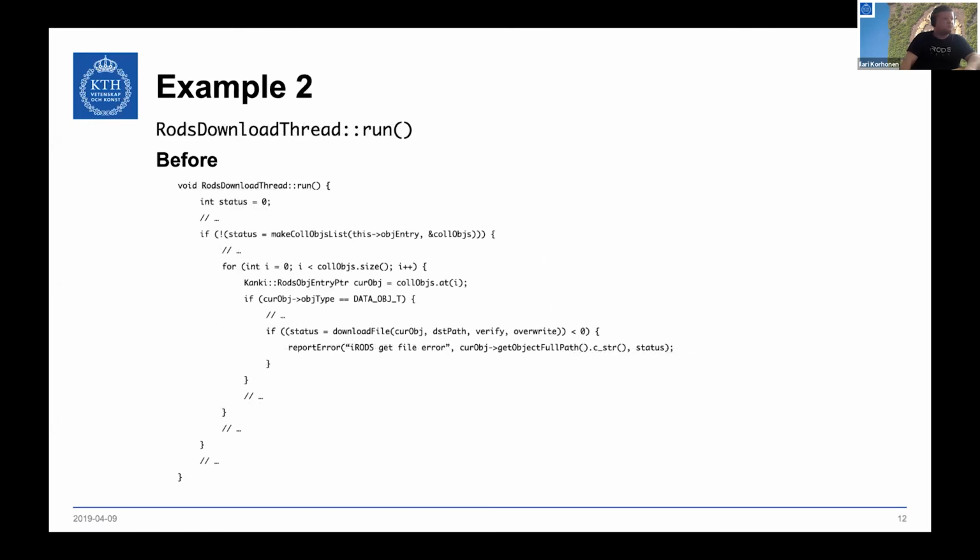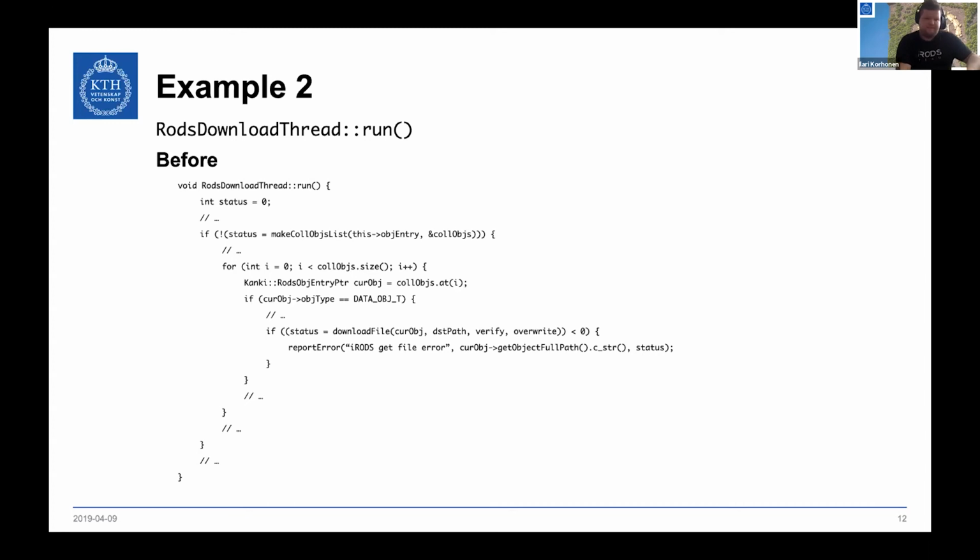And then another slightly more complex example is the download process in Kanki, which was already multi-threaded in the older version, but in a different sense. In the older version, Kanki basically, for each download or upload process, opened up a new connection and assigned that to the download manager thread.